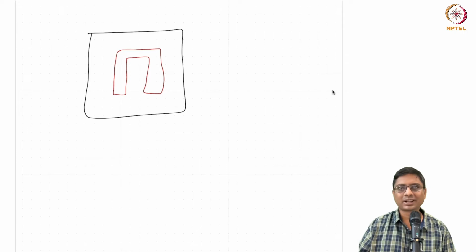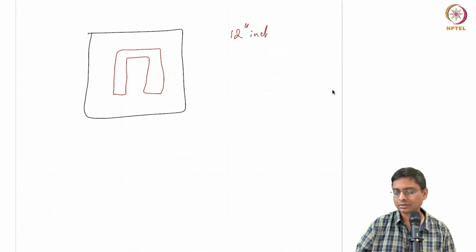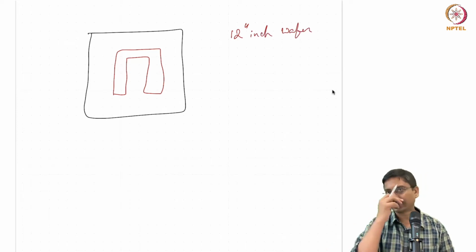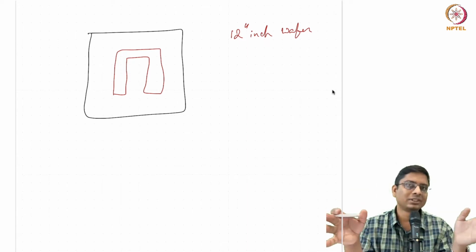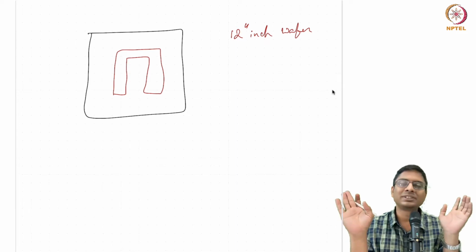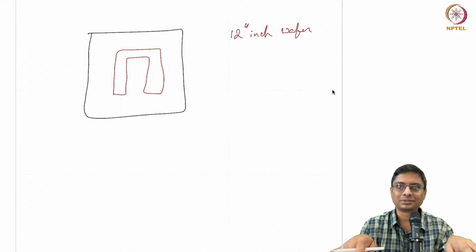It might be small, when I have a small structure. But if the current generation technology has 12-inch wafers, over which we fabricate these structures, it can be done within a minute, all of it, in parallel.